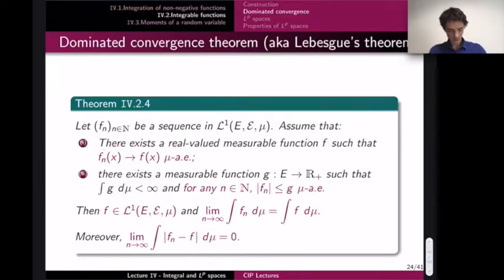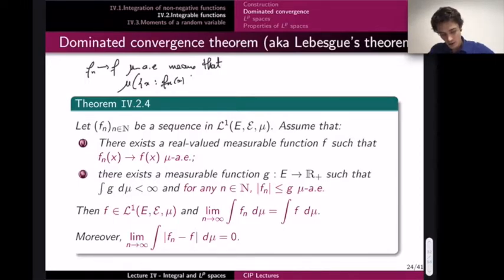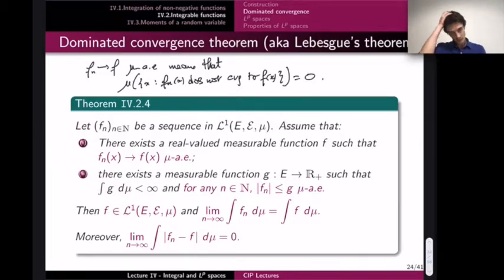It means that fn converges to f μ-almost everywhere if the set of points where fn of x does not converge to f of x, the set where this bad event happens, has measure 0. Which, by the way, you can check that this set is measurable.